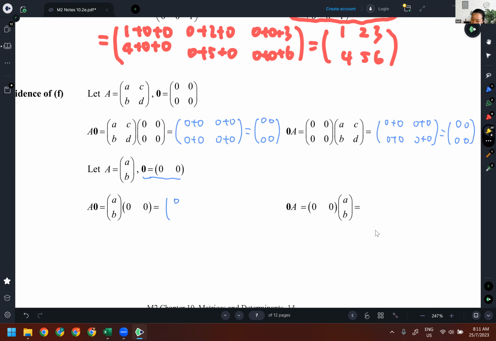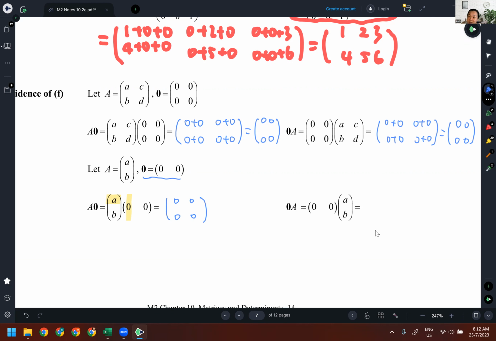That's the first value. The second value also 0. And the third value is 0. And the last value is 0. So even if it's a different size, it's still 0.